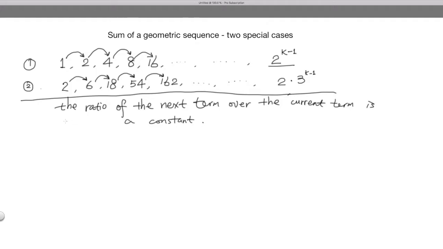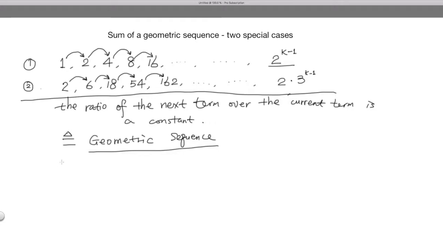And we give a name to such sequences. We call it a geometric sequence. So that is the definition of a geometric sequence: the ratio of the next term over the current term is always a constant, and such a sequence is called a geometric sequence.